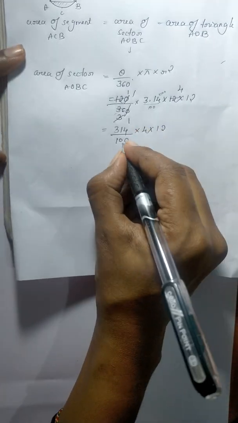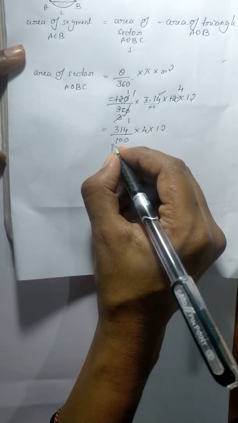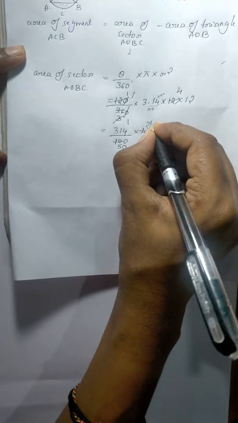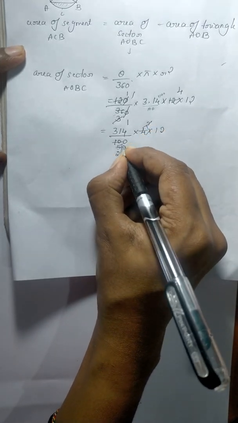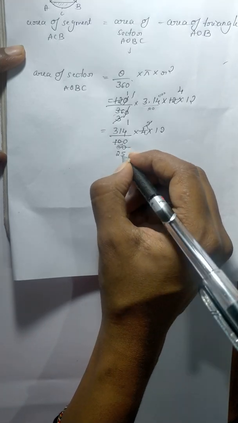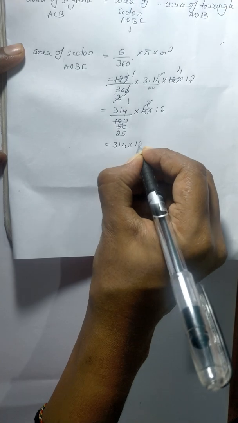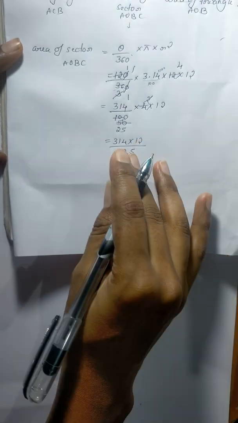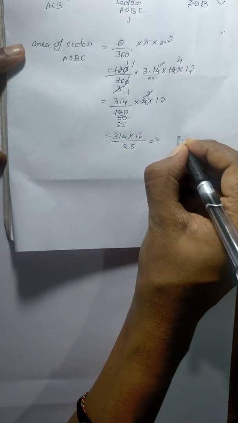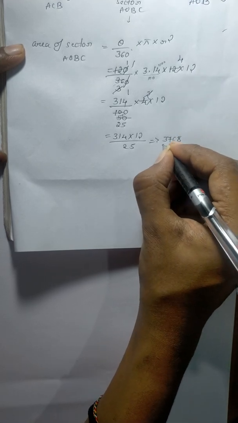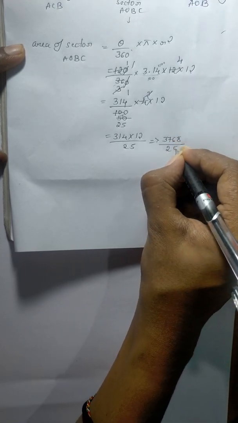So we'll cancel, it is even number, so it will get cancelled. 2 5s are 10, 2 2s are 4, 1 remains, 2 5s are 10. Then remaining 314 into 12 divided by 25. So multiply this one, 3768 divided by 25.